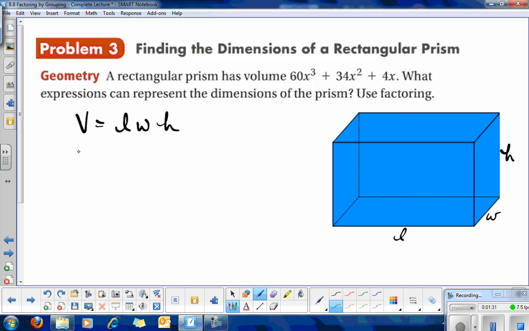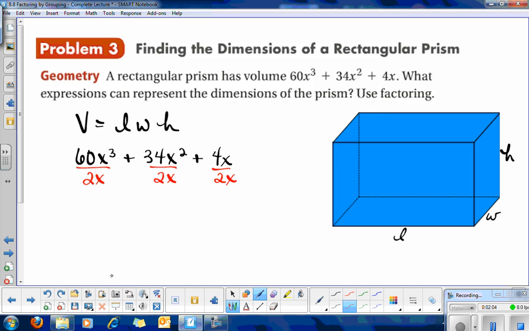So we have to factor the 60x cubed plus 34x squared plus 4x. Okay? So now we can look at this and say, 60, 34, and 4. I think we can factor out a monomial. So I think we'll factor out, let's see, a 2x on each term.